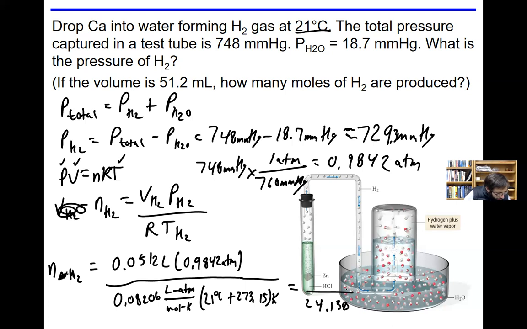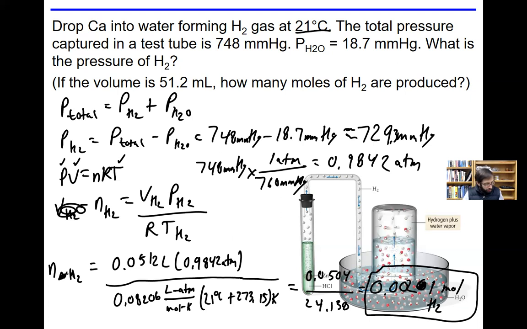And then our top portion of that is 0.0512 times 0.9842, which is 0.0504. And if we divide that out, we get 0.002, we can add a 1, it should be a 1 with rounding, moles hydrogen. And that would be our final answer.